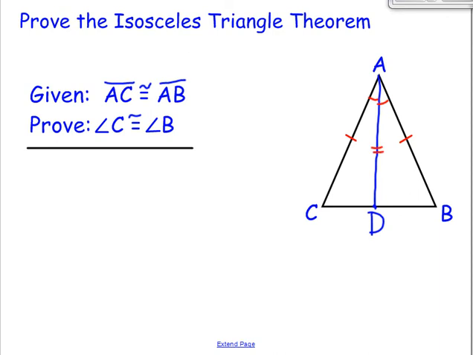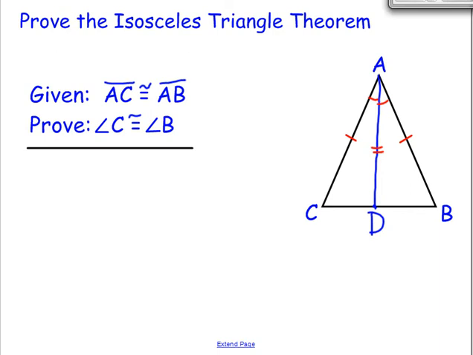So what I've created here are two triangles, and I now know with these two triangles I have two congruent sides and an included angle.